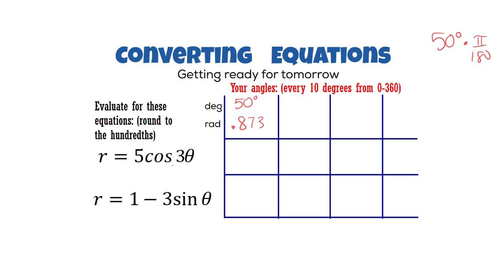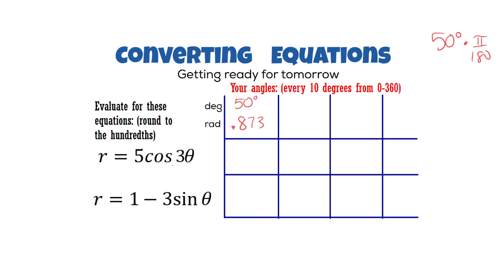You just have to make sure that your calculator is in the right mode. So I'm going to do the degree measurement and check my mode and make sure that it's in degrees. It is. Okay, so now to calculate this, I'm going to take my 50 degrees and put it right here.